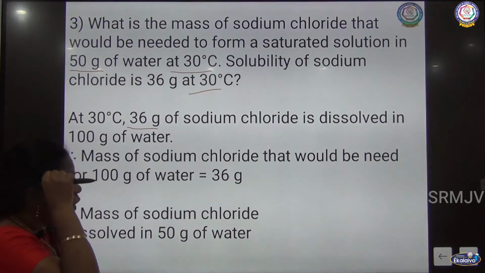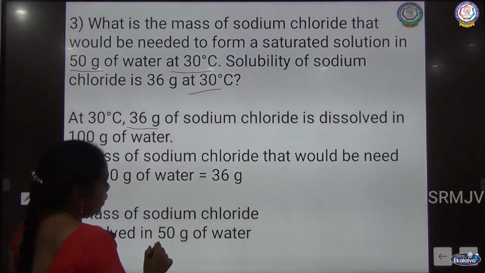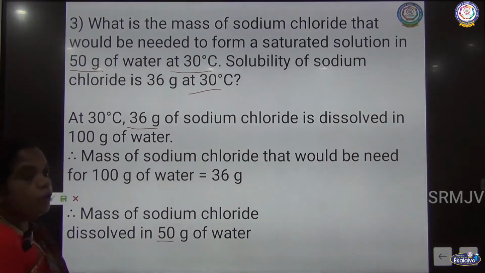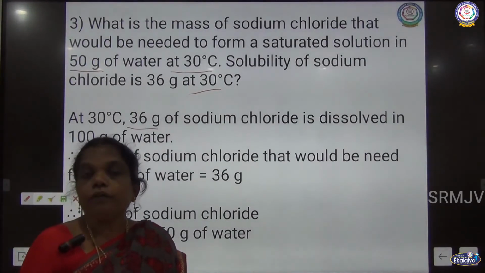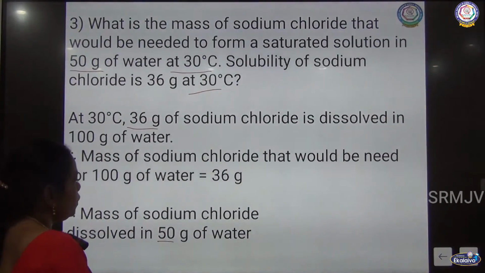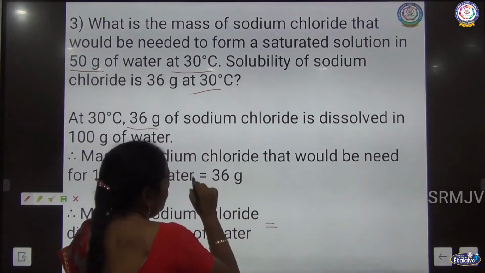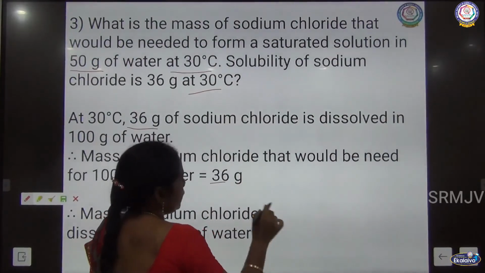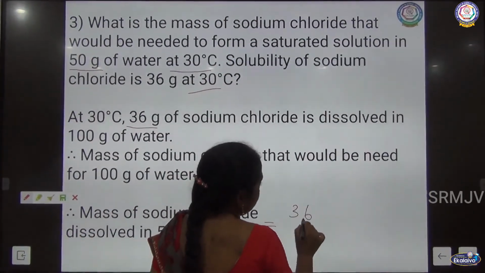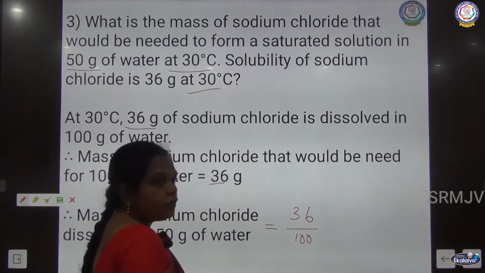Now you want to find the amount of solute to prepare for 50 gram of solvent. So now this one is equal to, for how many gram? We need 36 gram out of 100 gram of solvent.